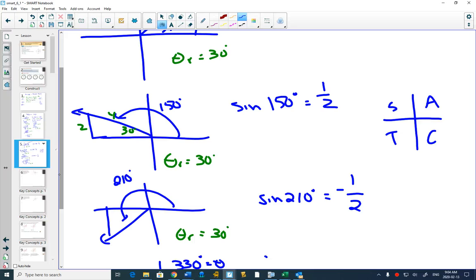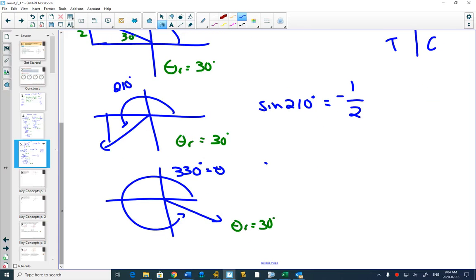Okay, so there we go. That explains why it's negative. 330, same triangle. So sine of 330 degrees is also negative 1/2. So the powerful thing in trigonometry is if you can find the reference angle, then you can do all your trigonometry with that angle and then translate it back to whatever angle you're dealing with.